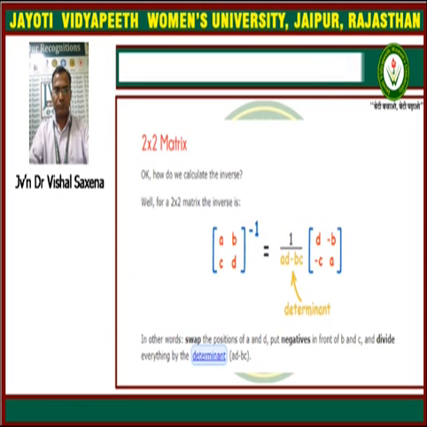Now we take a matrix of 2 by 2 order, and a matrix is given: A, B, C, D, and now we have to find its inverse.